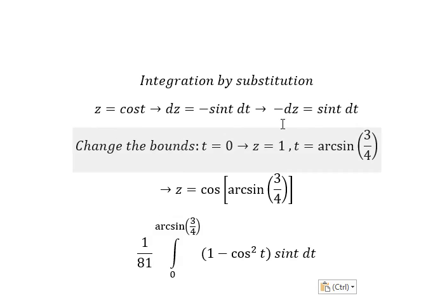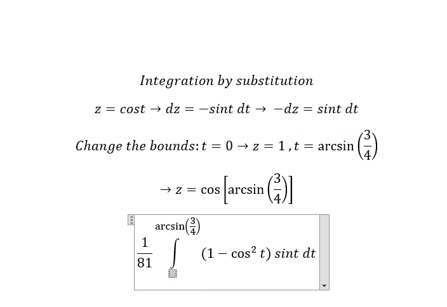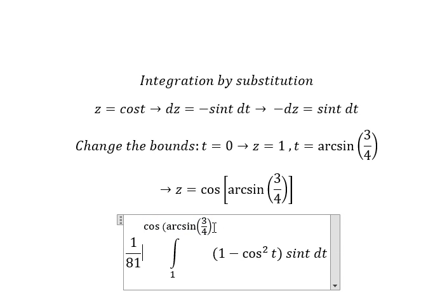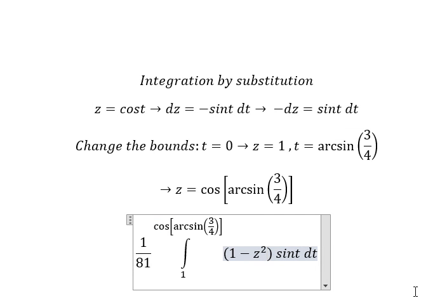So 0 we change by 1. This one we change by cosine of arcsine. Cosine t we change by z. Sine t dt we change by negative dz.